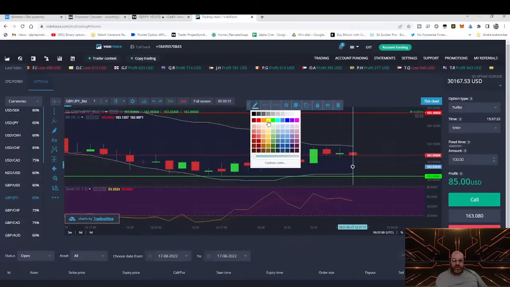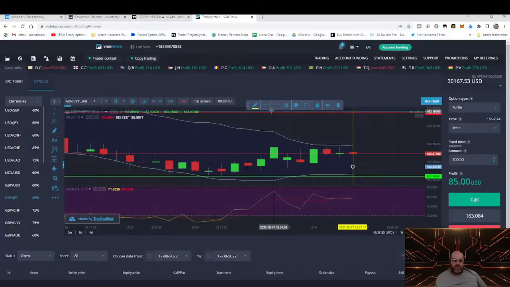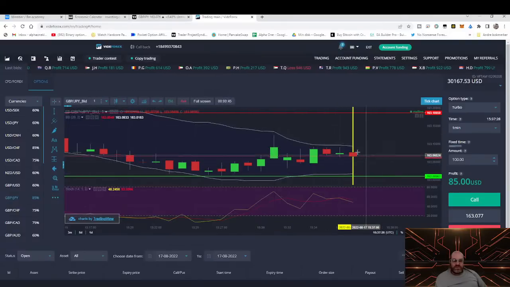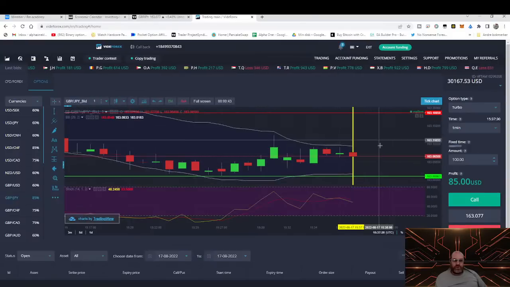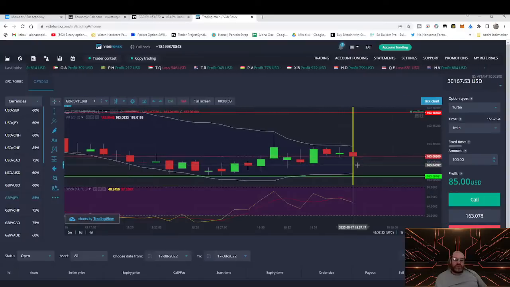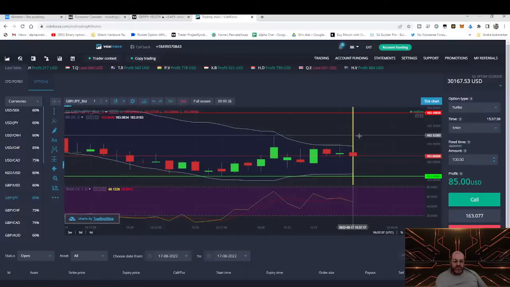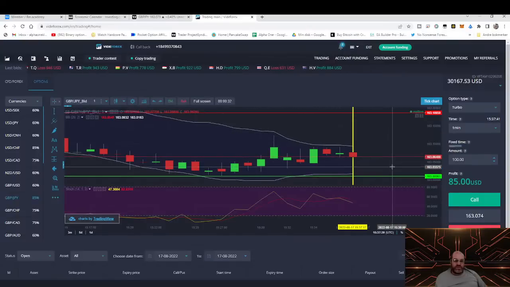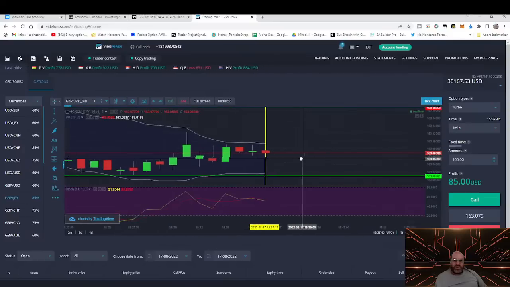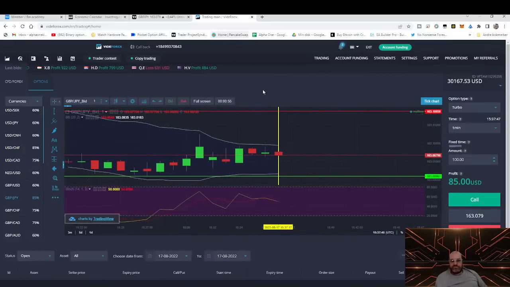We can make it yellow, and we make it a little more thick. Then we can easily see what happened with our lines and things after, as if we had taken the trades. So everything that happened after this yellow line is trades that, if you had been sitting waiting, could have happened. So yeah, I think we do like that.